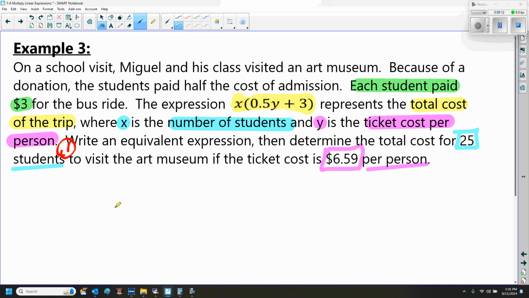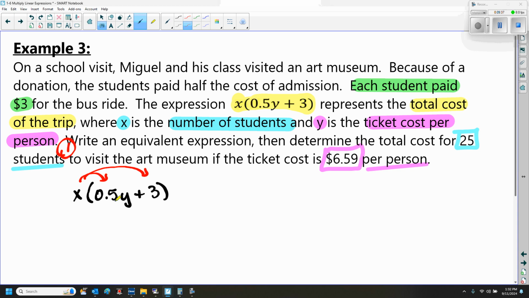So the first thing it says here that it's telling me to do is to write an equivalent expression. So we want to take x times the 1/2 y plus 3, and we want to write an equivalent expression. And we're going to use the distributive property to write that equivalent expression. So this x, we multiply times everything inside the parentheses.